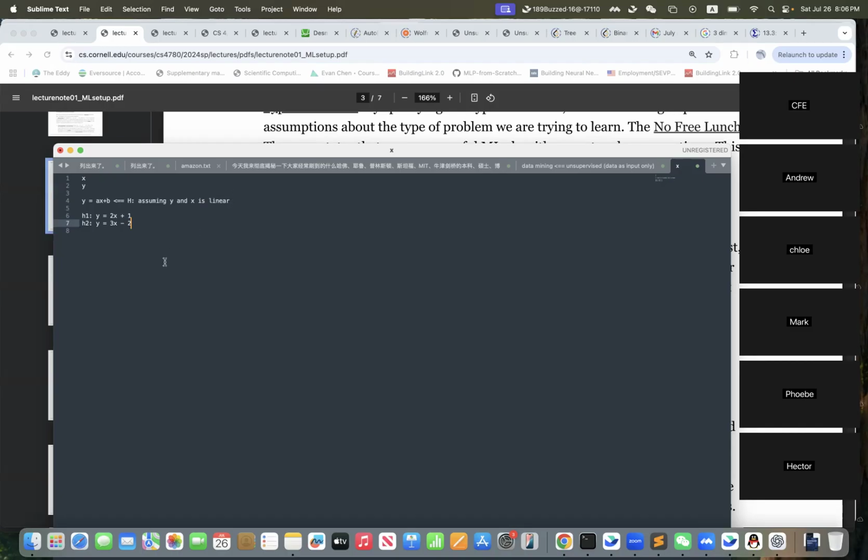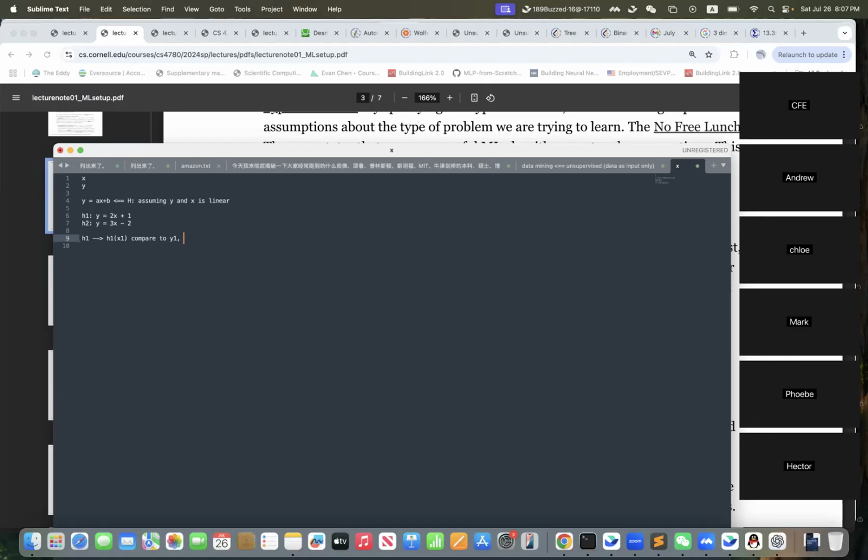And remember loss function, right? Whenever we determine that we want to use this small h, it can be h1, h2, or h3, whatever, right? So you use h1, and then based on x1, y1, you apply h1 on x1, and you compare to y1, and you get a loss.